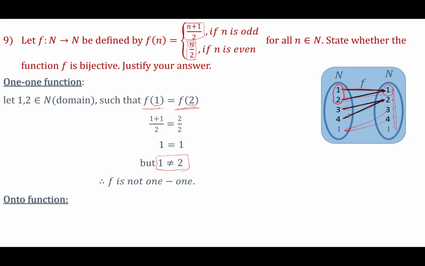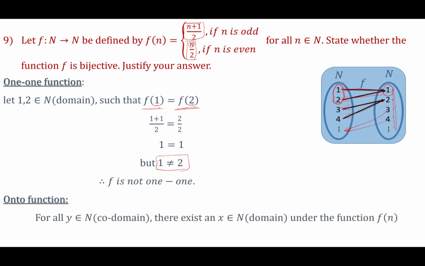All the elements like this, if you go through till infinity, you will have some preimage. So the given function is onto. For all y belongs to codomain, there exists an x belongs to domain under the function f of n. Therefore, the given function is onto.